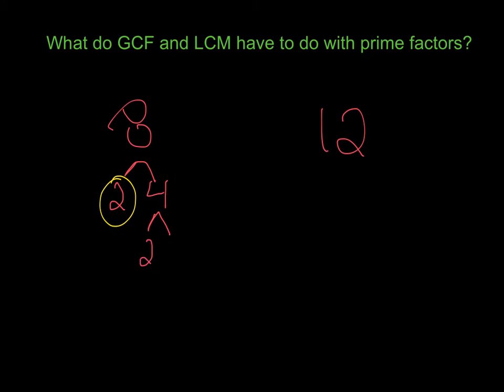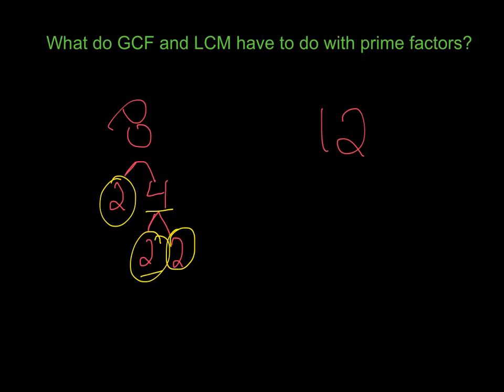We have 2 and 2, because 4 divided by 2 equals 2, this 2 right here. It's a prime number. If I'm going fast, you can just go back to the lesson on prime factorization, where I do a much better job of explaining this.